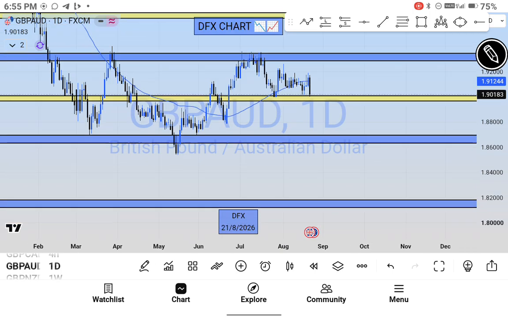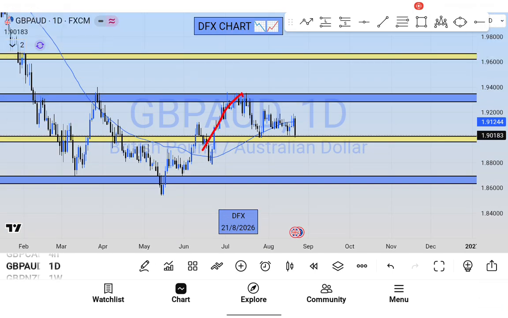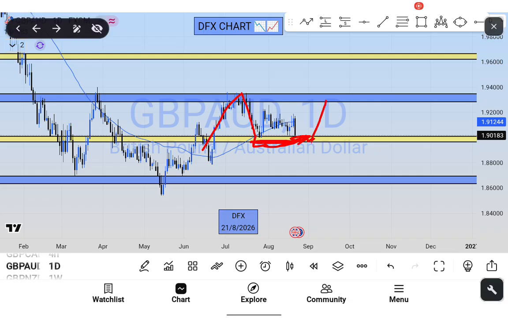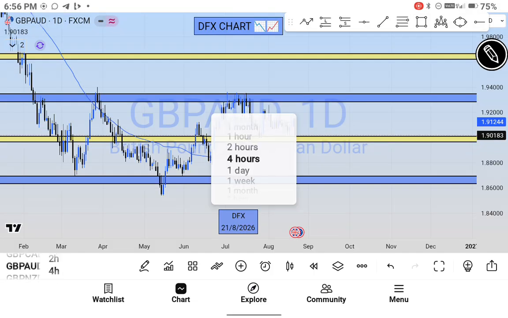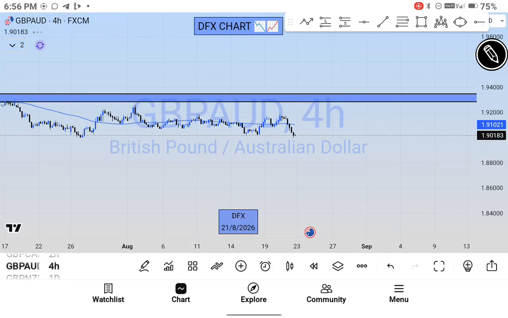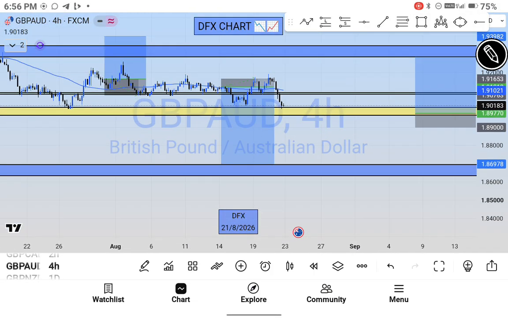So we should still be looking for what? Buys. So if we have a reaction in this zone, then we take a new buy to the upside. But if we don't, and the next candle that opens closes below, then we start looking for sells.